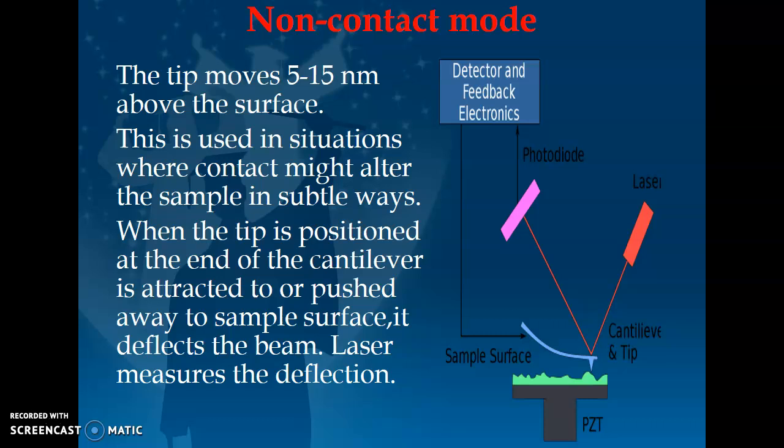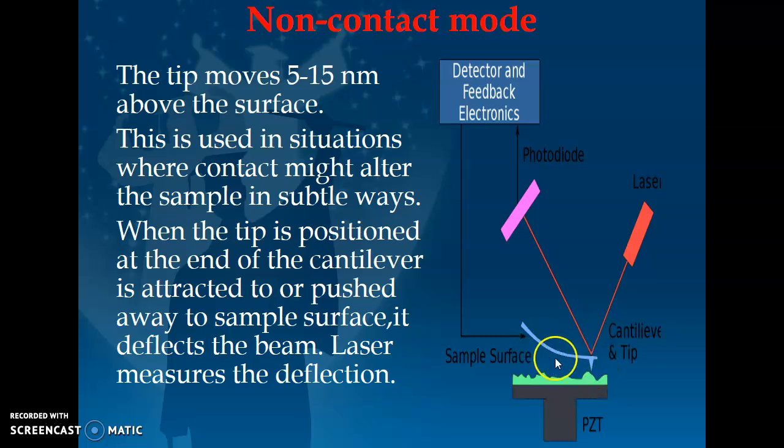When the tip positioned at the end of the cantilever is attracted to or pushed away from the sample surface, it deflects the beam and the laser measures the deflection. This is the cantilever and the tip.